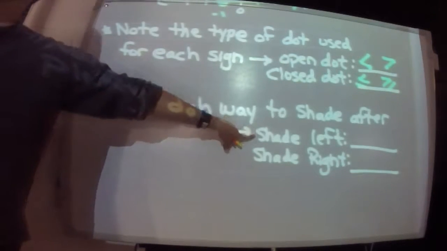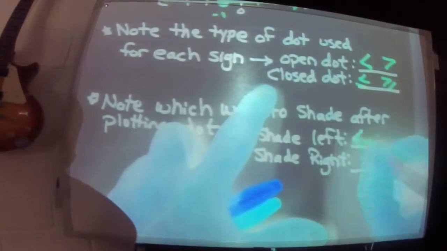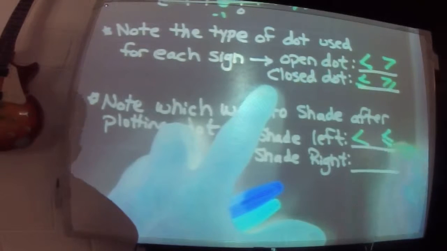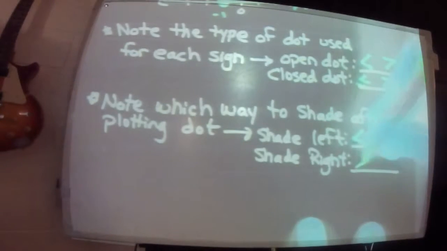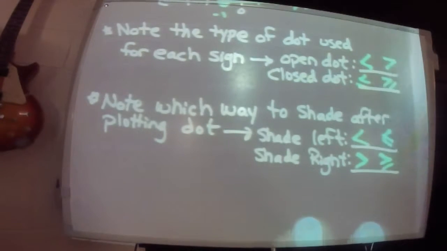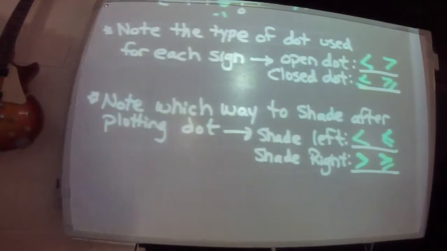We shade left when it's pointing left, which are our less than signs or our less than or equal to signs. Points left, we shade left. Likewise, points right, we shade right. So if you forget one day, you have these notes, come back to them and remind yourself of the dots and the shades on number lines.